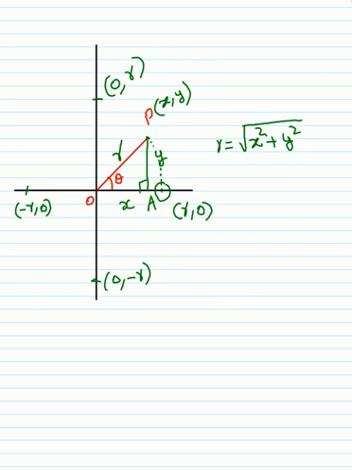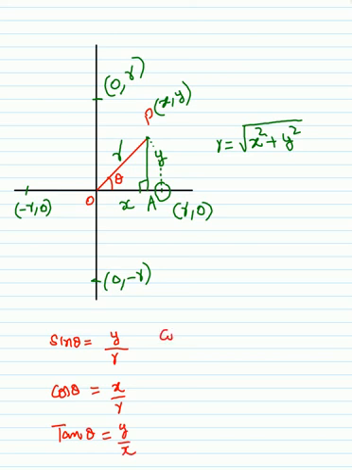If you observe here, by the definitions, sin theta is equal to y, the y coordinate of the point P, divided by the distance of the point P from O, that is r. Similarly, cos theta is equal to x by r. Similarly, tan theta is equal to y by x.